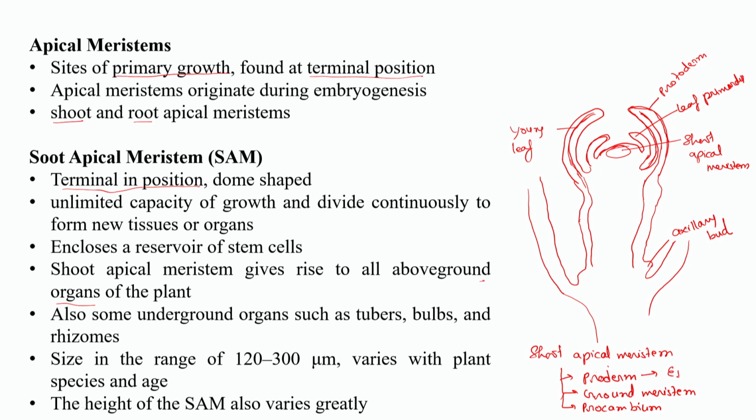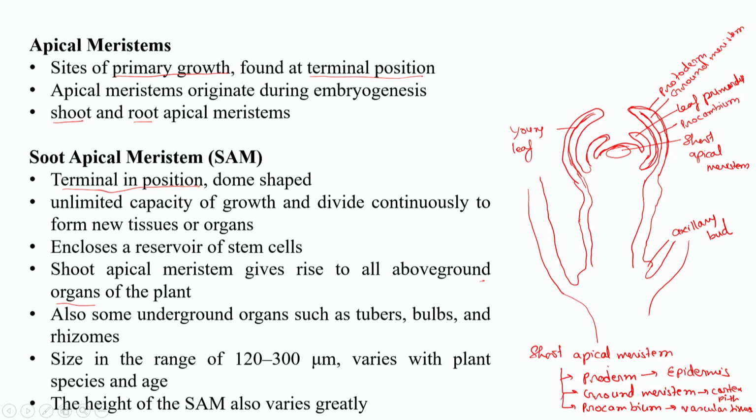Protoderm will give rise to epidermis, and then you have ground meristem, which will give rise to cortex, pith and other parts of the plant, and then you have procambium, which will give rise to vascular tissues.